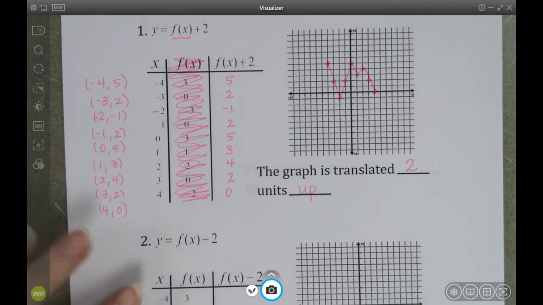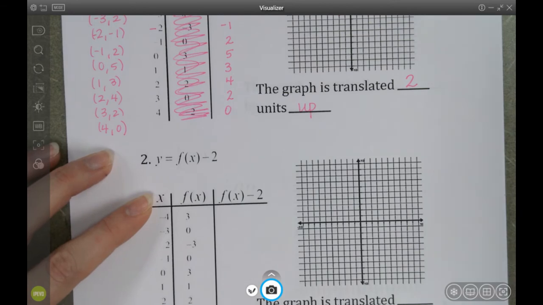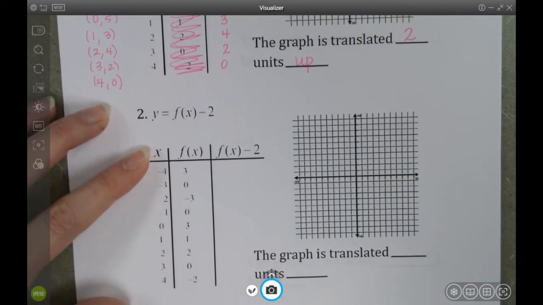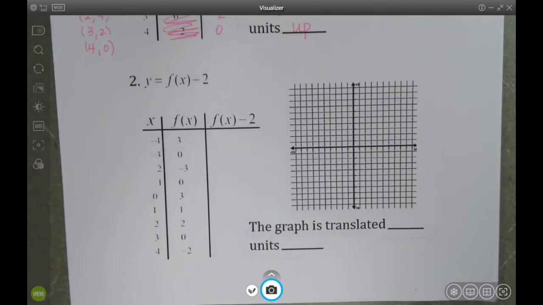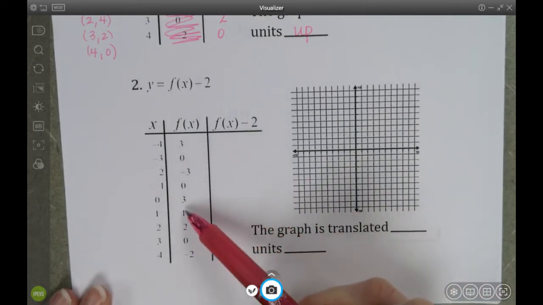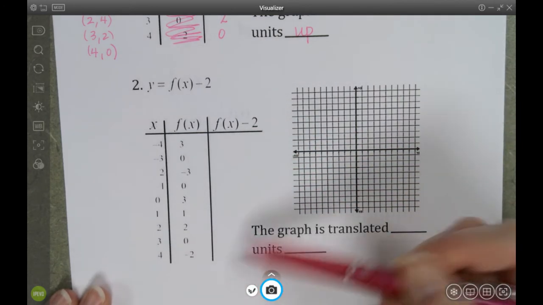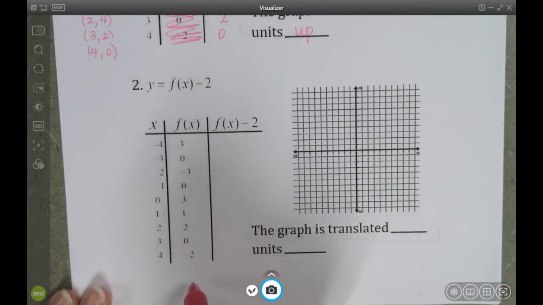Okay, so now I want you to do the exact same process with number 2 right here, except this time you're not adding 2. What are you doing? Subtracting 2. So with each one of these y values, you're going to subtract 2. Once you've filled out this column, you're going to cross out the middle column, and then you're going to plot your new points and see what happens between your original graph and your new one.